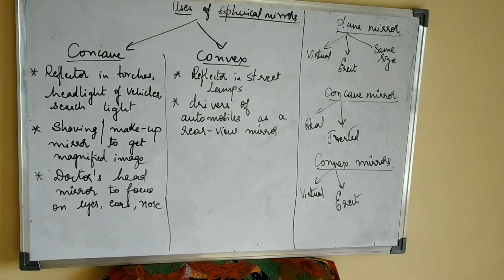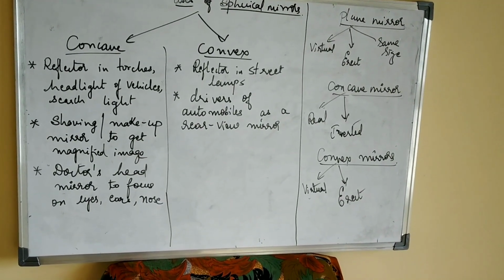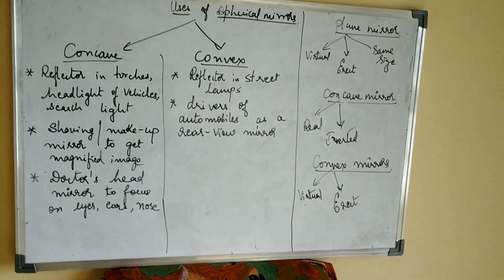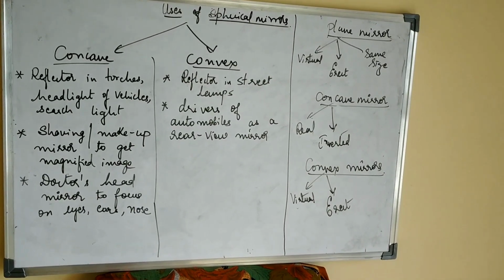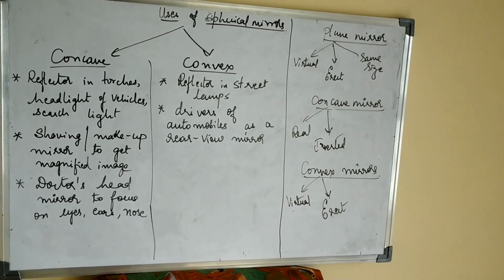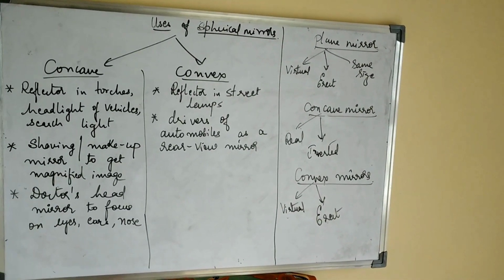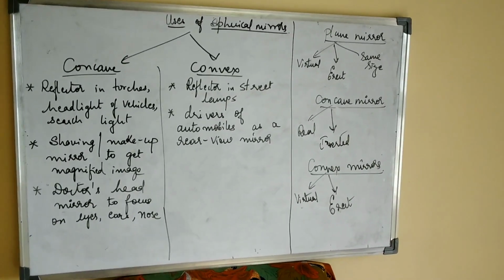And they are used as a doctor's head mirror to focus on body parts like ears, eyes and nose. Coming to convex mirrors, they are used as reflectors in street lamps. And the drivers of automobiles, that is trucks and cars, use these convex mirrors as a rear view mirror. And even we have seen that.